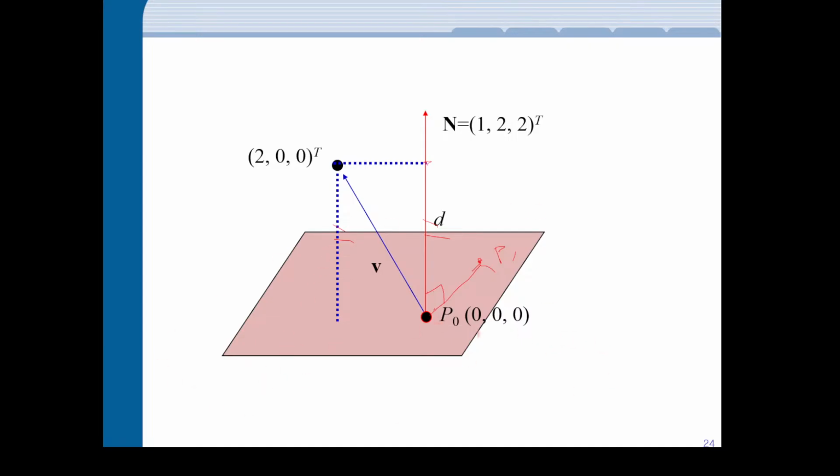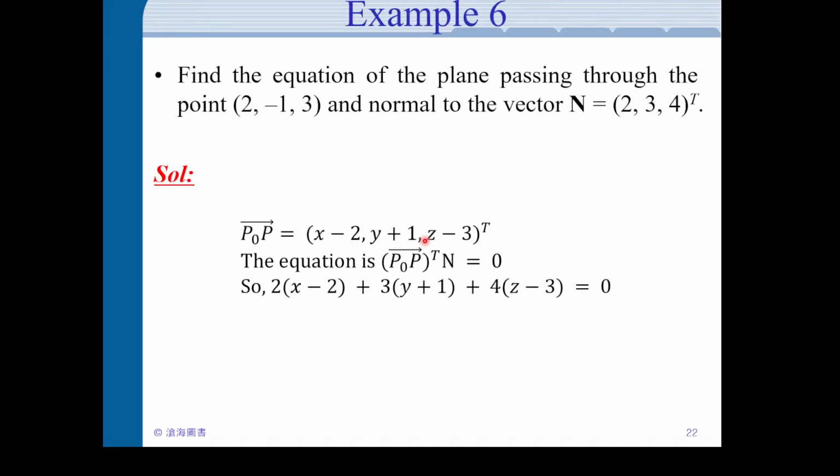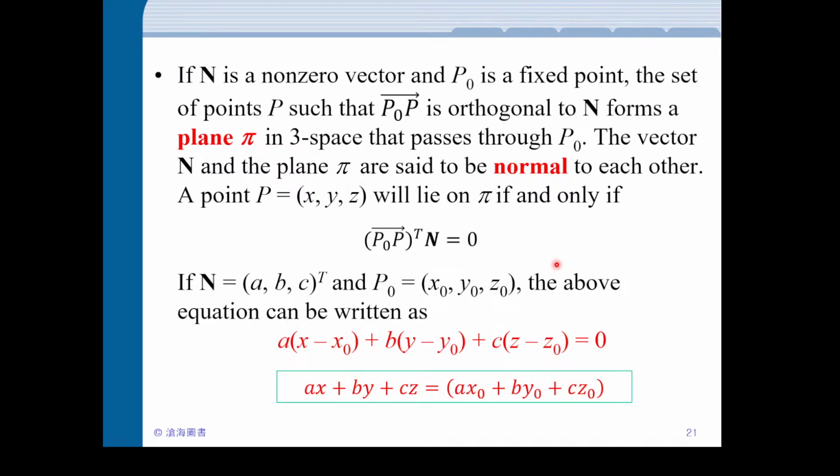We can define a plane as the set of all points P where the vector from P0 to P is orthogonal to this normal vector. So the plane is the collection of all the points where the vector from your starting point P0 to those points is orthogonal to your vector. That's how we can define the plane with a point and a vector.